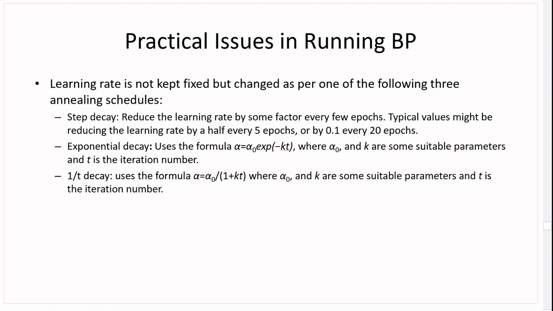Exponential decay: in this case, we use a formula to figure out how the learning rate should fall. Or 1/t decay, where as time goes on, or as the number of iterations goes up, the learning rate keeps going down by a formula shown here, alpha equal to alpha 0 divided by 1 plus k times t, where alpha 0 and k are suitable constants or parameters.